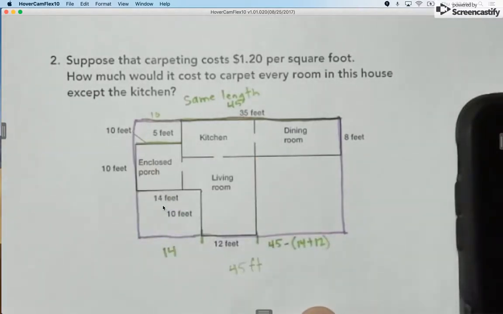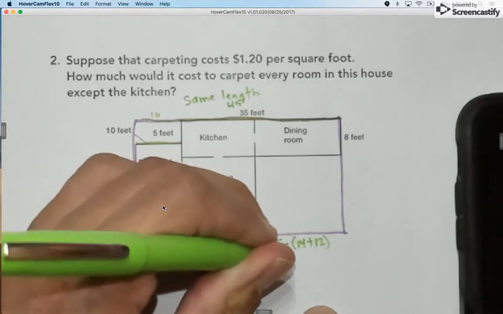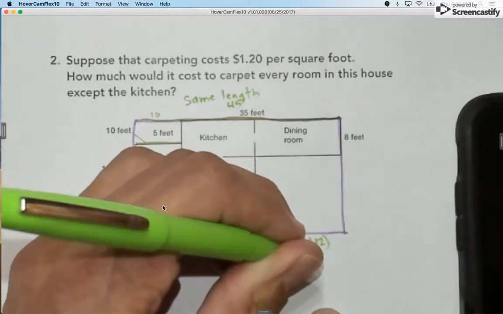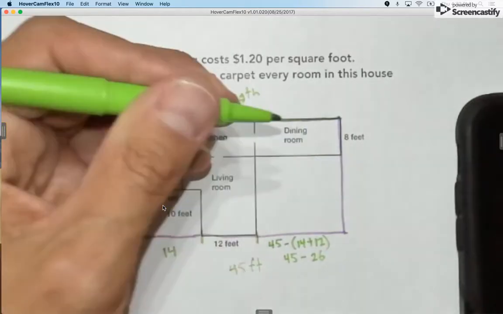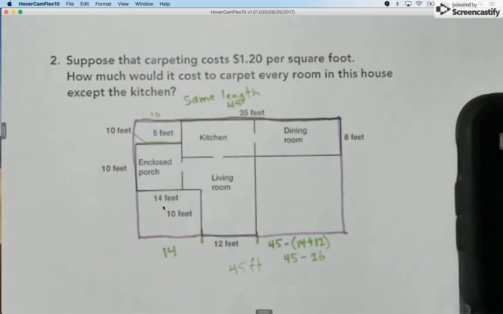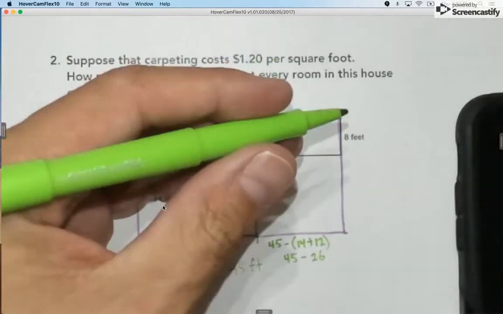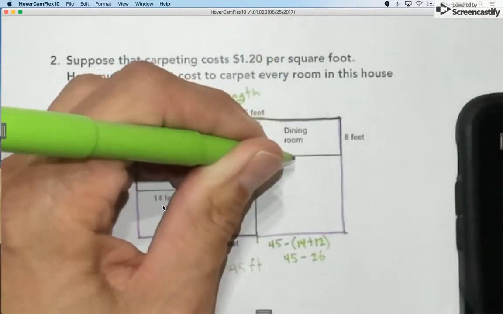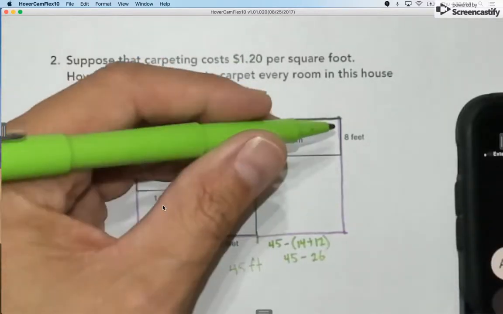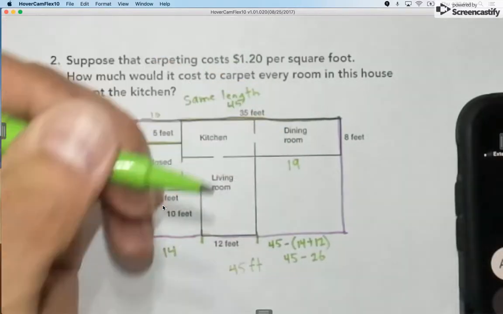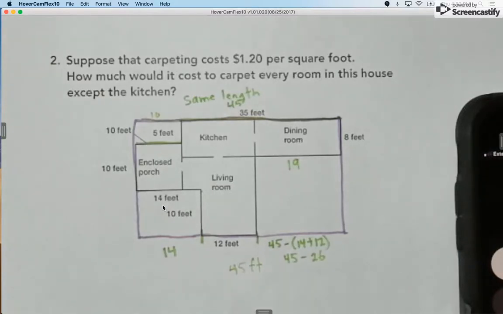Or that means this section right here is 45 minus 26. Is it 19 feet? Did I do that right? 45 minus 26. 19 feet. Okay. We're almost there. We're getting close.